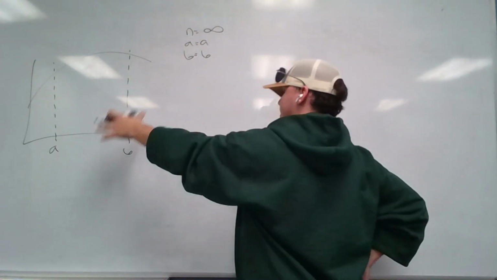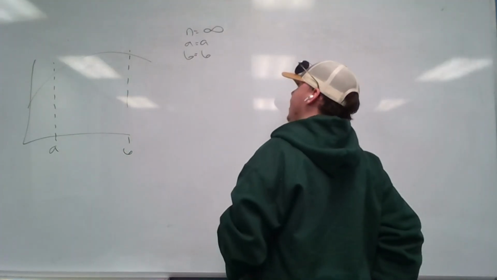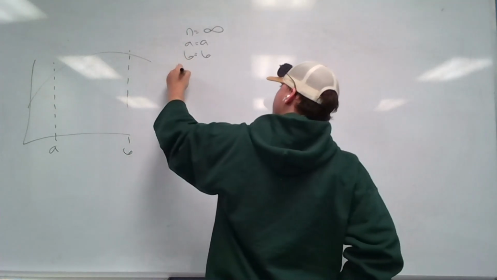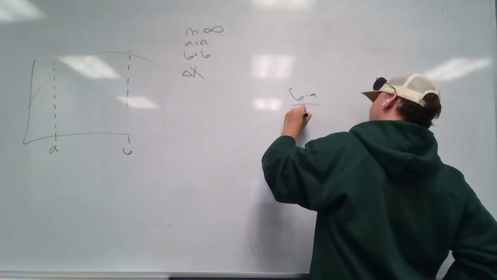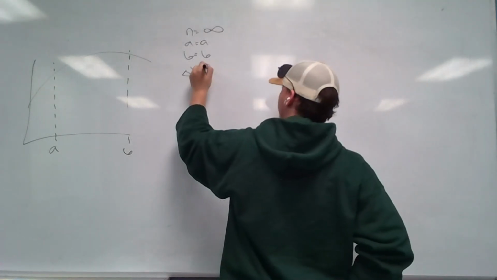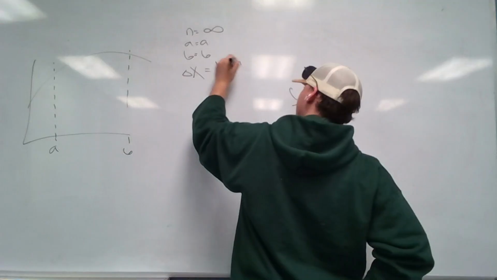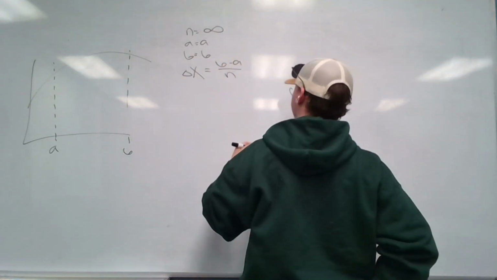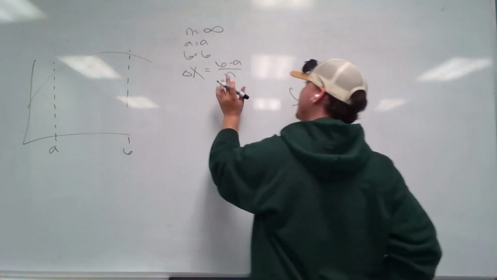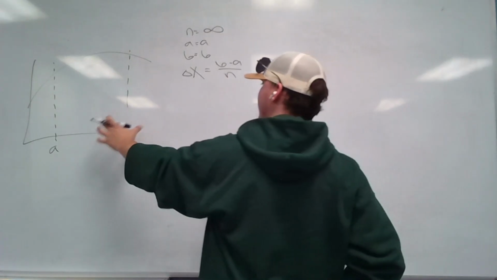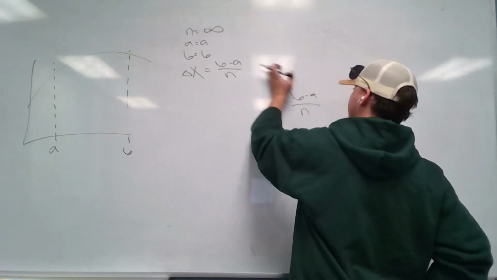It's just what they are. Those are the domain. And from this, the change in x, which if you remember is b minus a over n, is going to be b minus a over infinity, because we have infinite subintervals, a finite distance divided into infinite pieces.